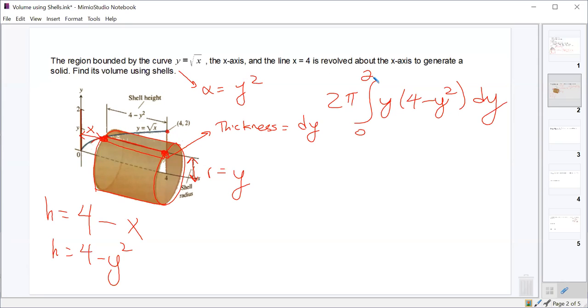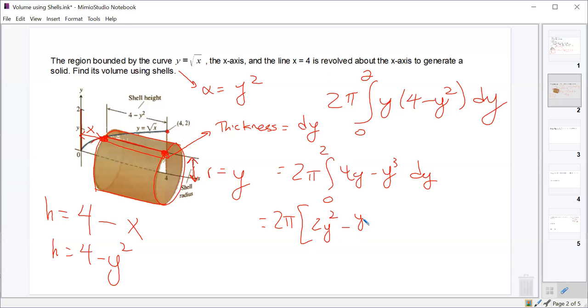We just distribute and integrate, right? So let's quickly do that. 2 pi, 0 to 2, 4y minus y cubed dy ought to be integral of 4y is 2y squared. Integral of y to the third is y to the fourth over 4, from 0 to 2. If we plug in 0 to that, we know that's going to come out to be 0.